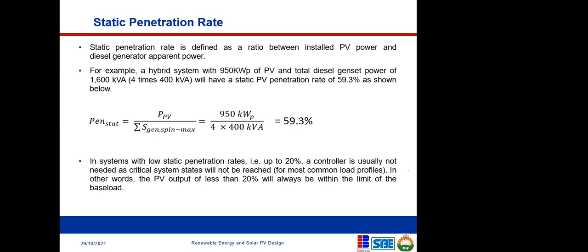If you remember, I showed you the load profile of a facility. I told you that if you put in a PV system that is below the range of the load profile, you don't need any controller to manage the energy coming from the solar system.